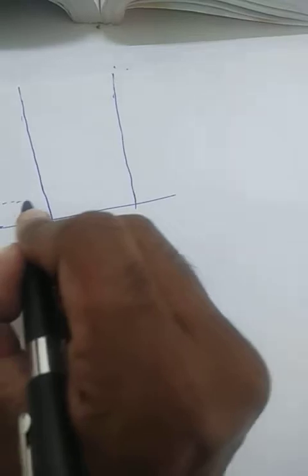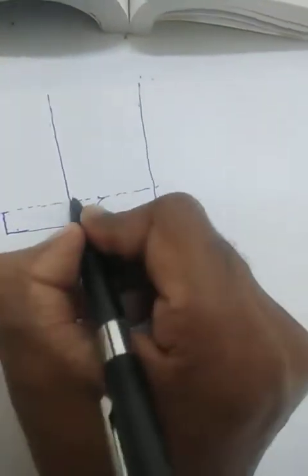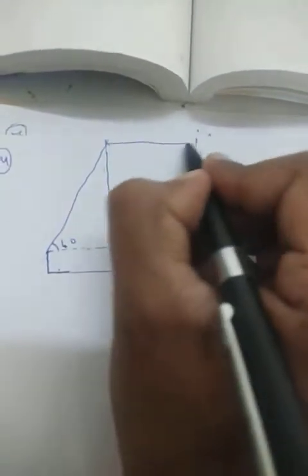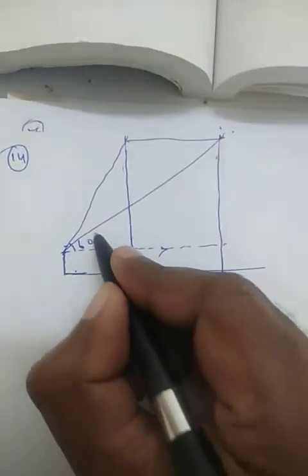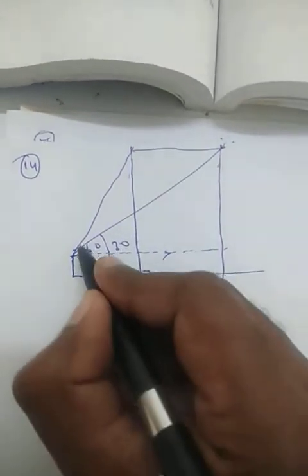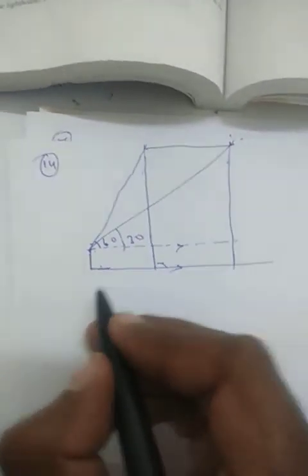This is the horizontal line. This is also horizontal. Basically these two are 90 degrees, and these two are also 90 degrees. Let it be. The angle of elevation here is 60 degrees, and the angle of elevation here is 30 degrees.